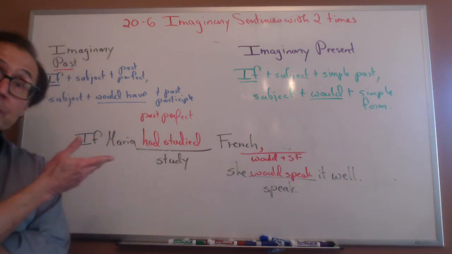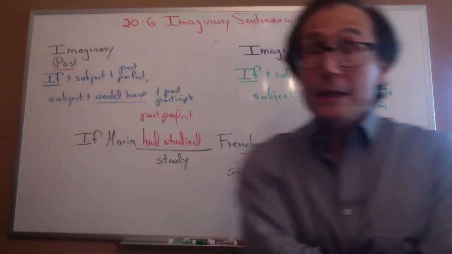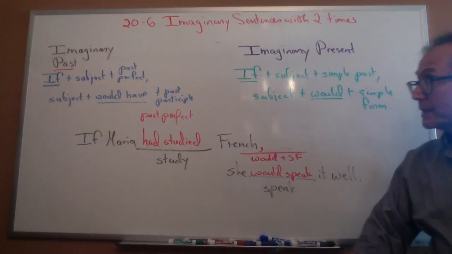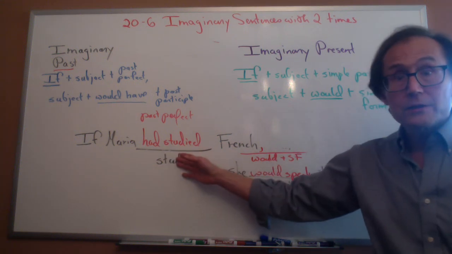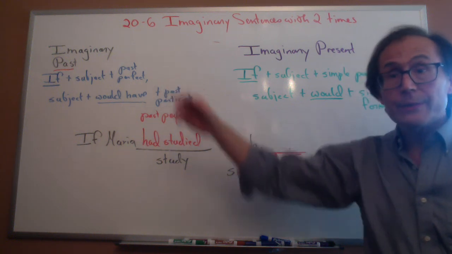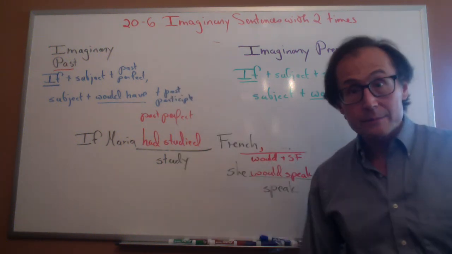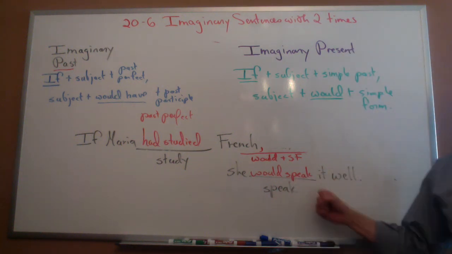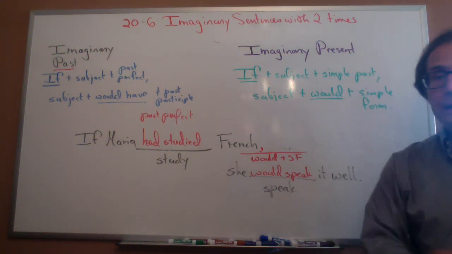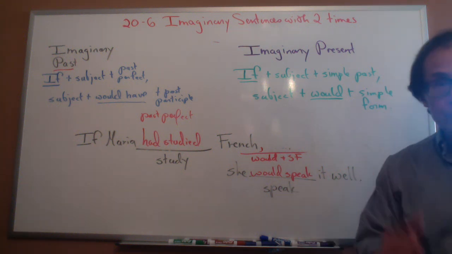But when you're actually writing or speaking, you often won't need them to be clear, because had studied is the imaginary past form. If I know it's imagination, I know this is past. Would speak is the imaginary present form. If I know this is imagination, I know it's present.